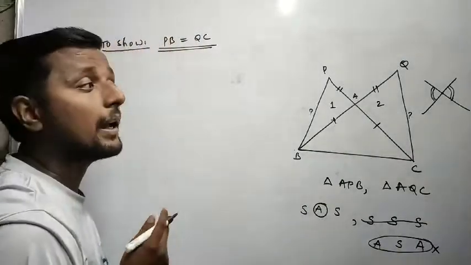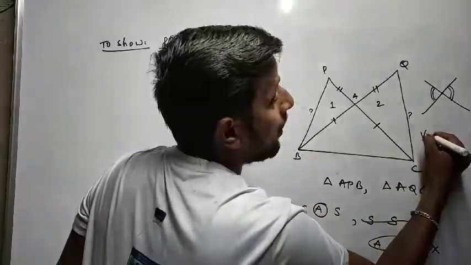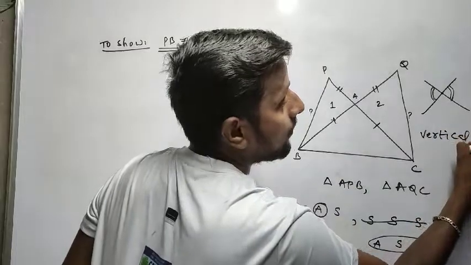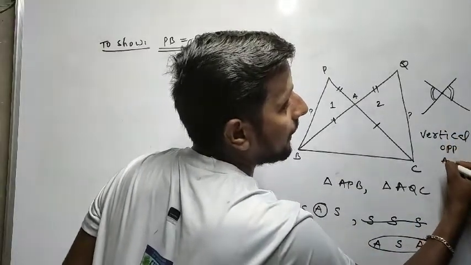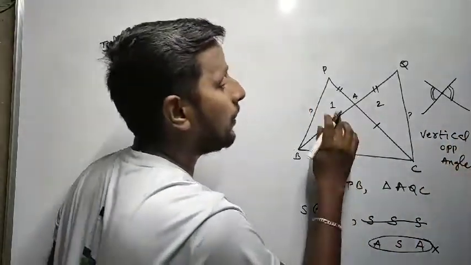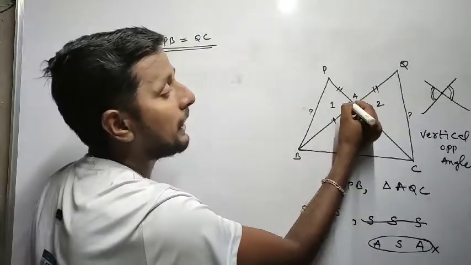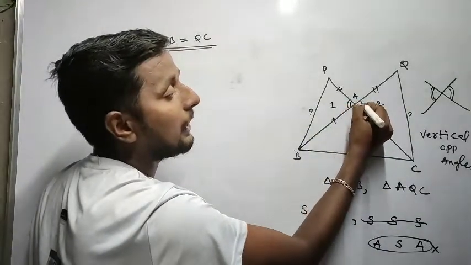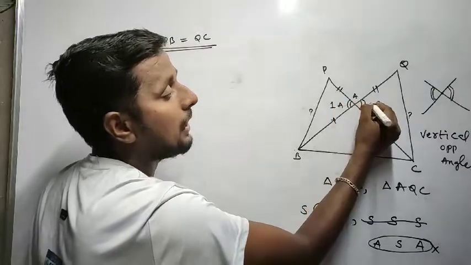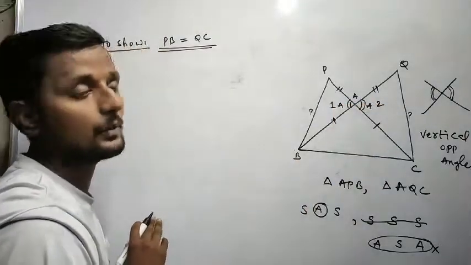Those kinds of angles are called vertical opposite angles, correct? If you observe in this 1 and 2 also, we can get a pair of equal angles. Those are vertical opposite angles, correct?